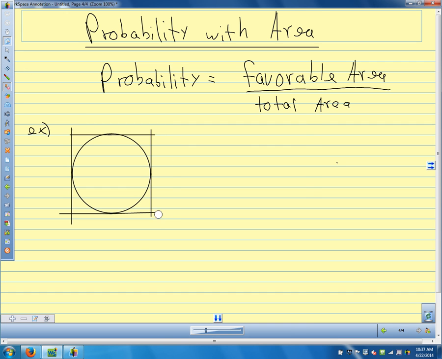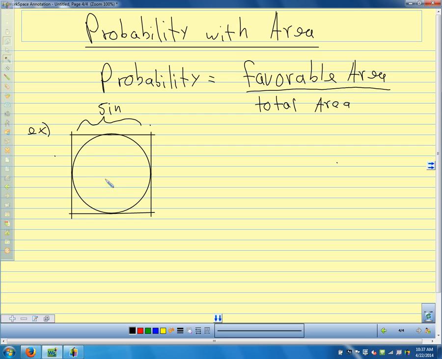So we're saying the circle fits perfectly inside the square. And we're going to say that the side of the square is 5 inches. We want the probability that if we toss a dart at this square, we hit one of these shaded corner areas.